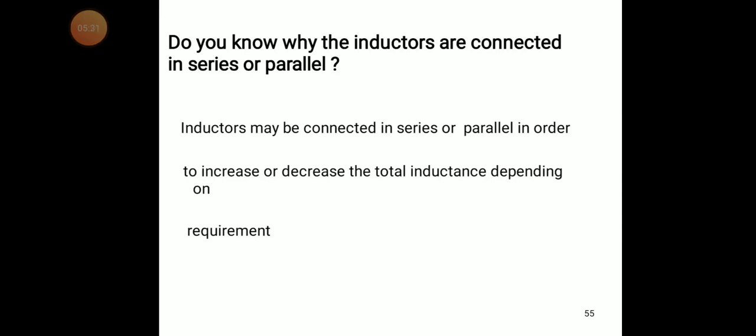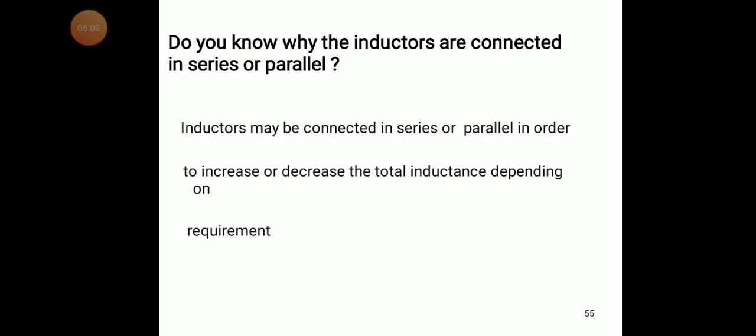Coming to the inductor, its special quality is that it has mutual inductance. By itself it has self-inductance, and another extra thing is the mutual inductance. The problem is that one inductor can induce a voltage in another: excitation in one inductor may cause a voltage in another coil.